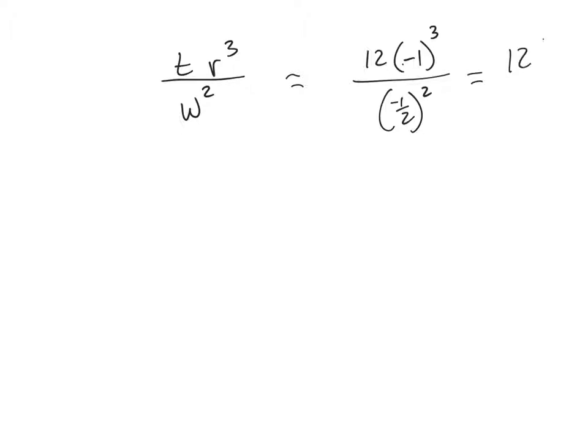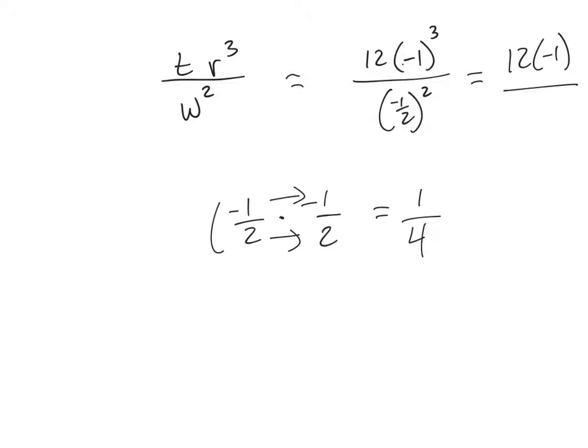So it's 12 times negative 1. And what is negative 1/2 times negative 1/2? So negative 1/2 times negative 1/2 is positive 1/4. Okay? Well, now 12 times negative 1 is negative 12 over 1/4, and that is a negative 48.